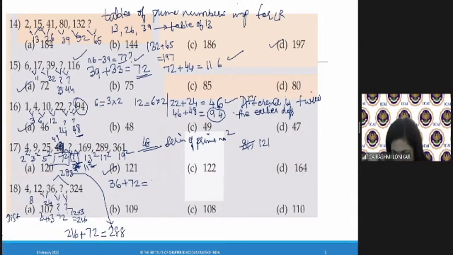This is 108. So 36 plus 72 is 108. Okay. So here we have got this answer. Just let me know if you followed till here.